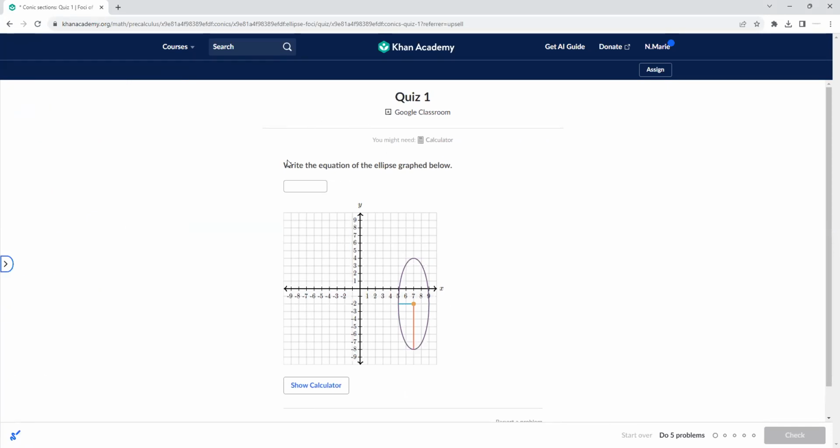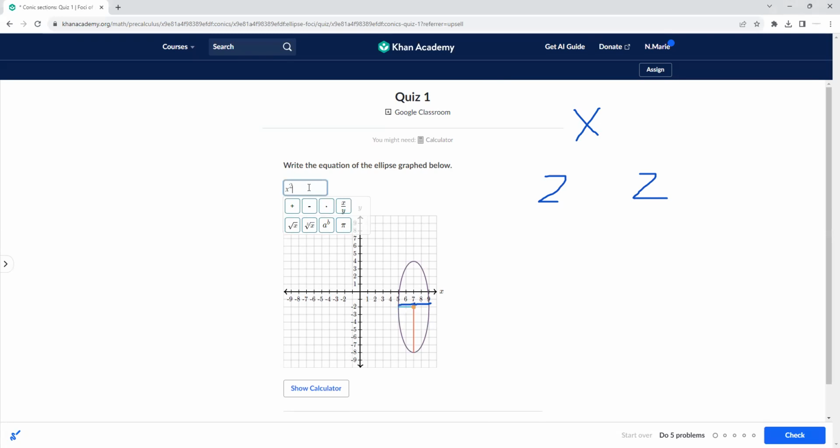Okay, so it says write the equation of the ellipse graphed below. So where is the center here? Okay, so this is over 2, this is over 2, right? So 2, 2 for the x's, right? So that means, let's just write the equation of an ellipse as is.